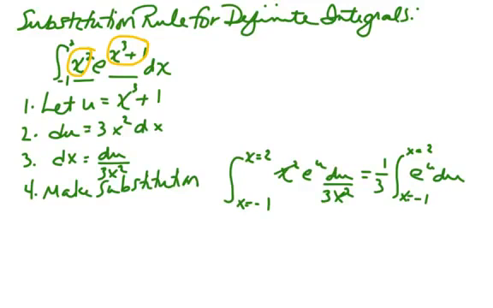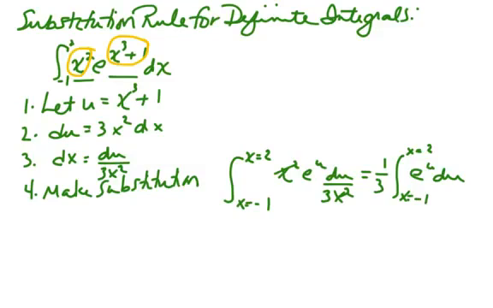A mix being the upper and lower limits are in terms of x, and the rest of the integrand is in terms of u. So there's two basic approaches. We can change the limits of integration, or we can continue the way we were and back substitute and then evaluate. So I'm going to show you the first method, and that is to change the integration limits to be in terms of u.